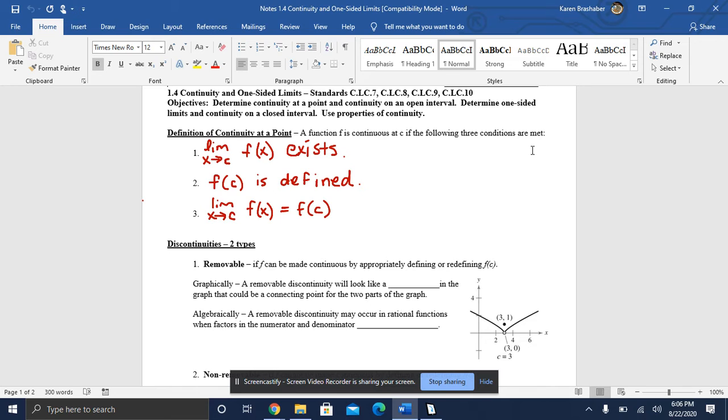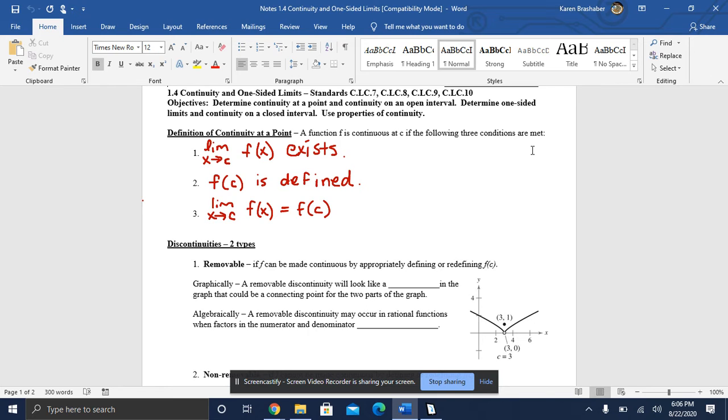Now, there are two types of discontinuities that we are going to look at. This would be for functions that are not continuous. The first of the two types is removable. You can see that it says we can make the graph continuous by redefining f of c.